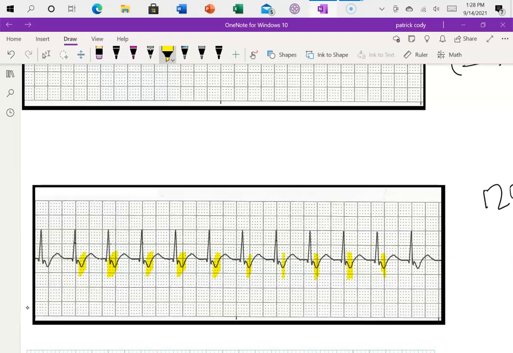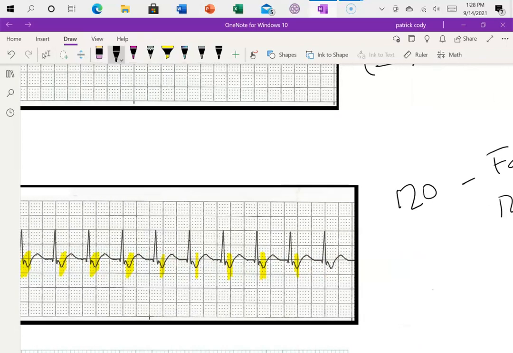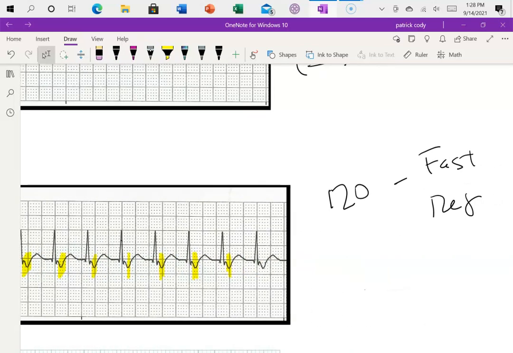So our normal rule of is there a P before every QRS and a QRS after every P, it gets flipped. So now we have a QRS before every P wave and a P wave after every QRS. And that's another hallmark that we may see with junctional rhythms.